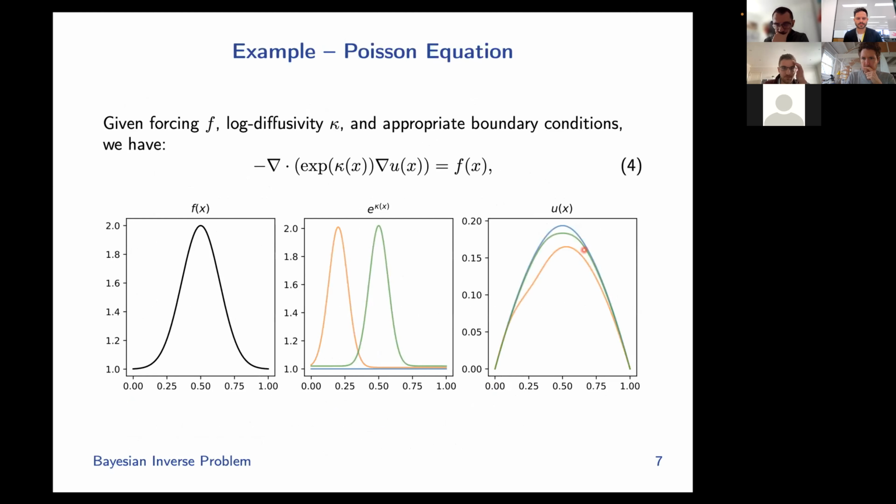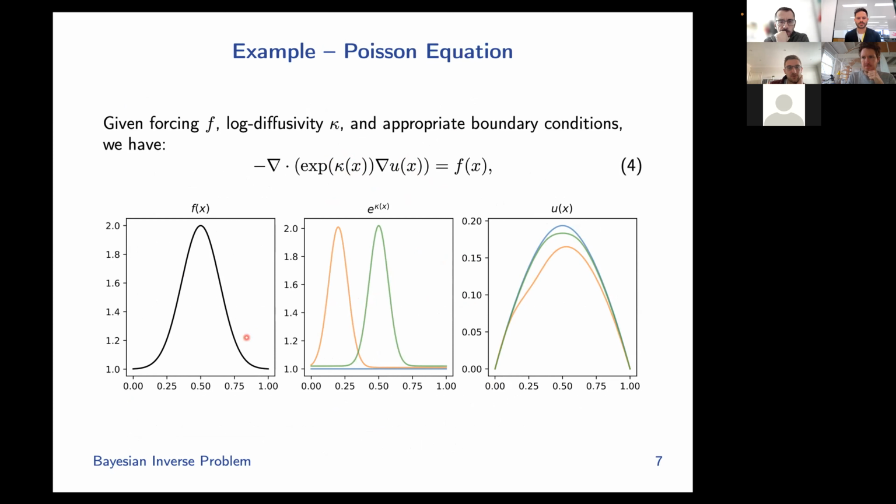Just to give you an example of what we're doing. We have the Poisson equation, and our parameter kappa is the log of diffusivity.